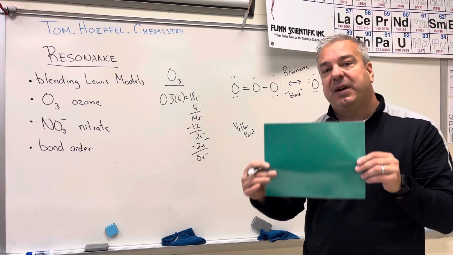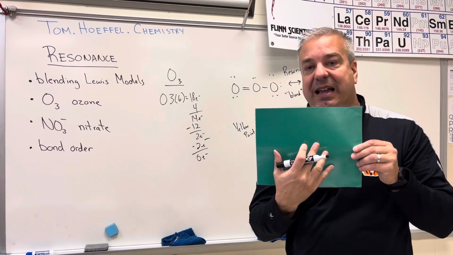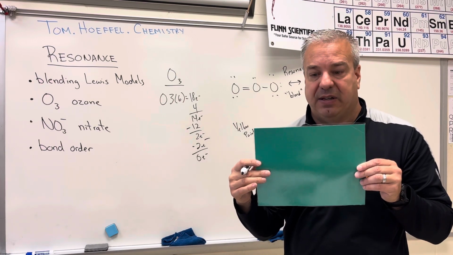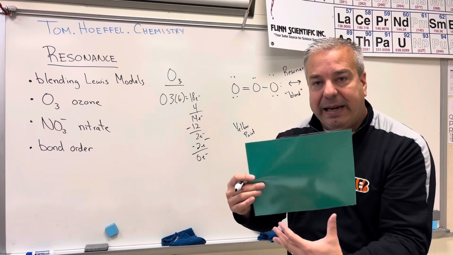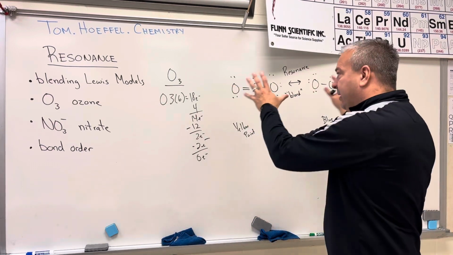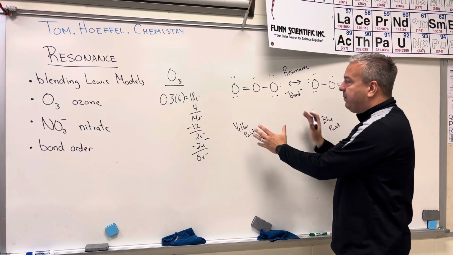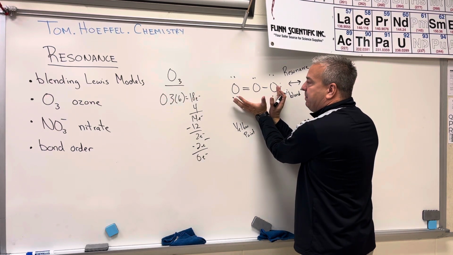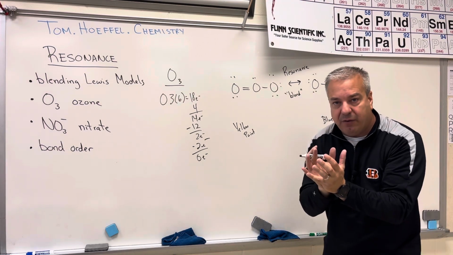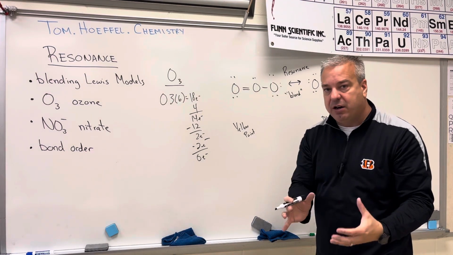When you look at this green color, you don't see yellow 50% of the time and blue 50% of the time. You see green 100% of the time. We have to take that same analogy to the way we view ozone. We're not seeing this 50% of the time and this 50% of the time. We're actually seeing a blend of both of those, 100% of the time.